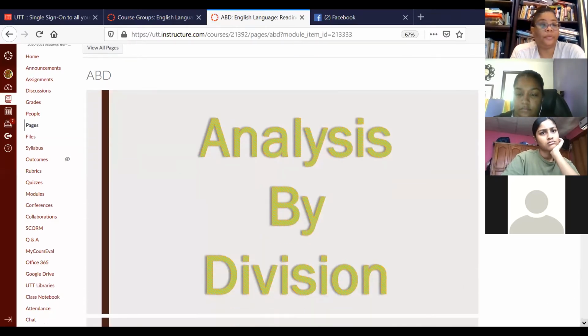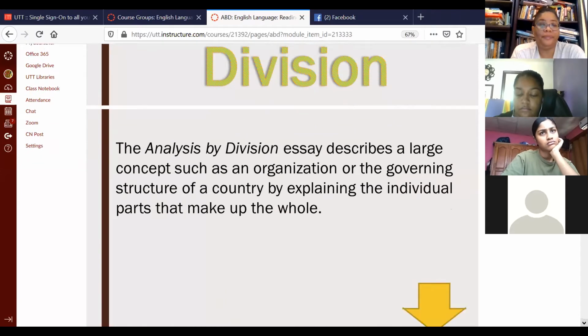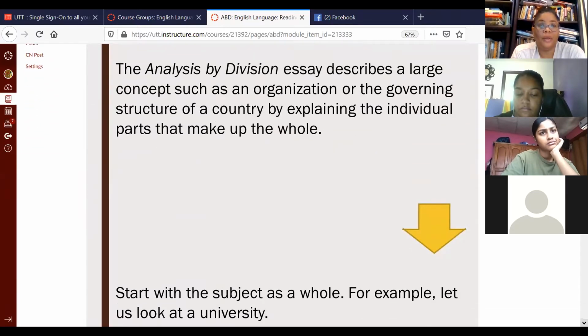So analysis by division, we take a large concept and we break it down into smaller components, right? So usually when we say this concept, it's a concrete concept. It's something we can see or experience with the 5 senses, but we need to explain it.